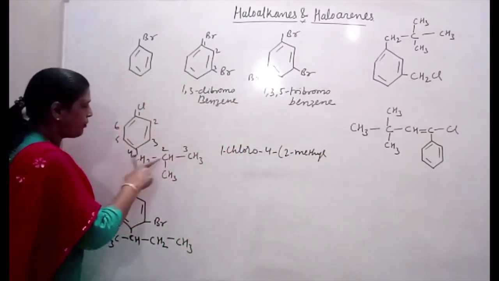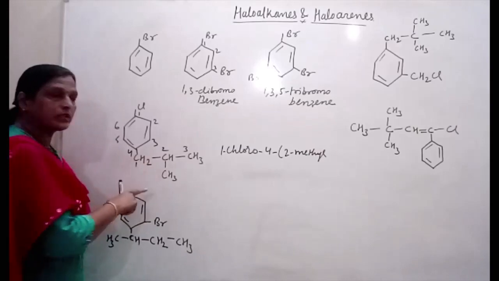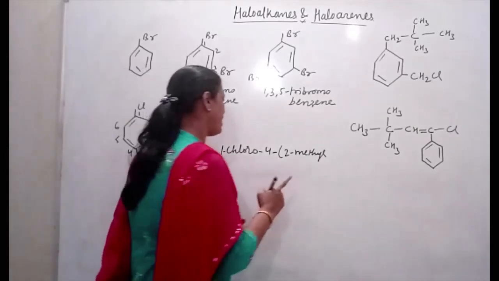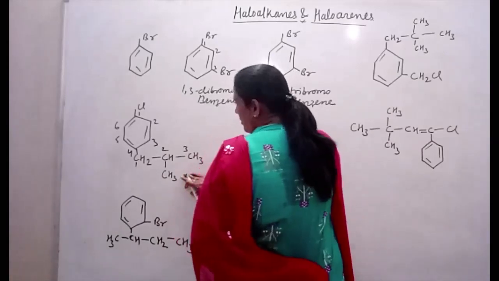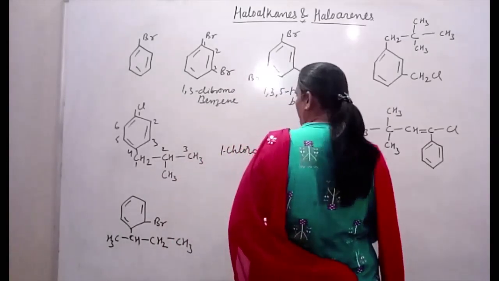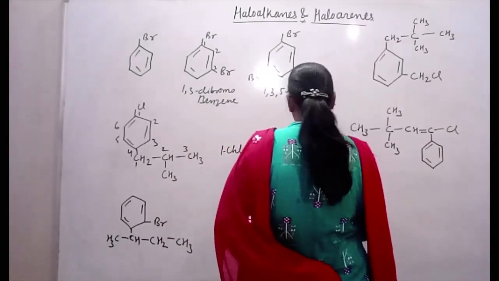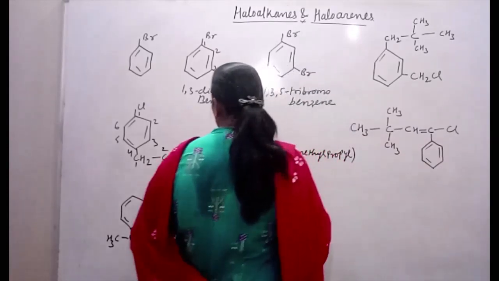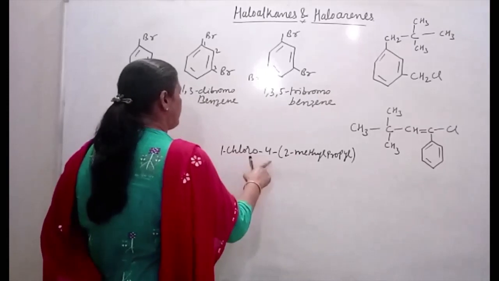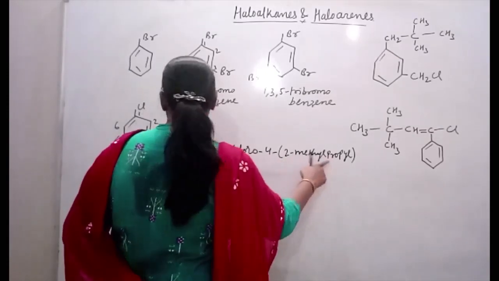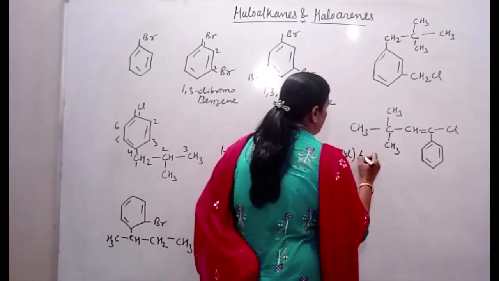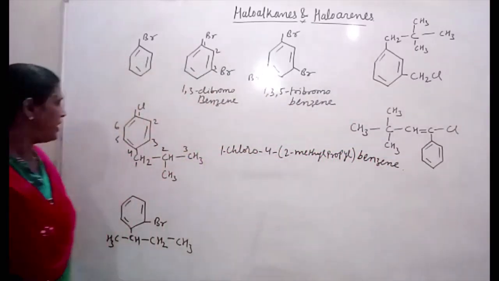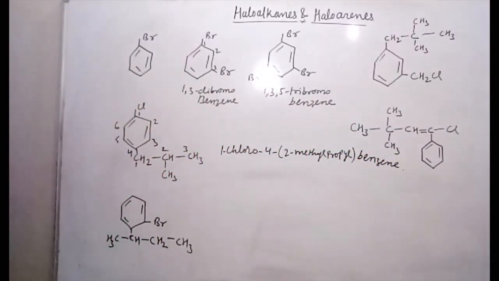This is a derivative of propane, and because it is a substituent group, we use the suffix yl after the word propane: propyl. So 1-chloro-4-(2-methylpropyl)benzene. This is its IUPAC name.